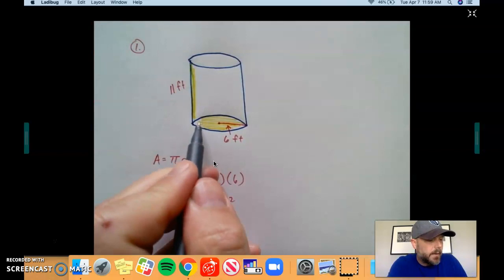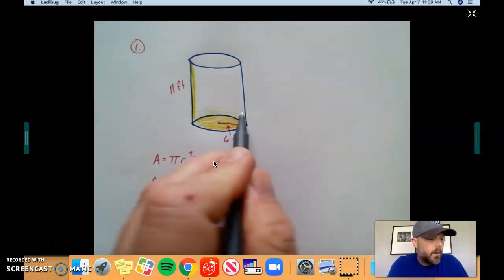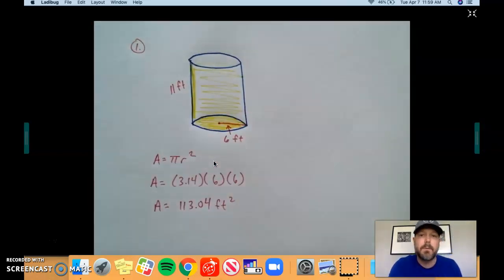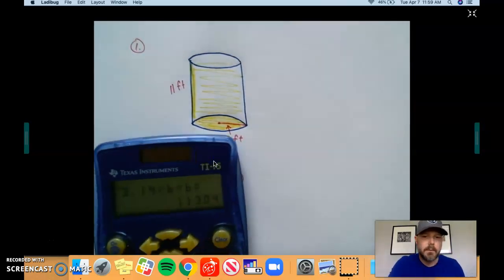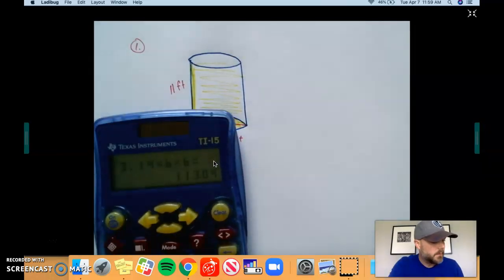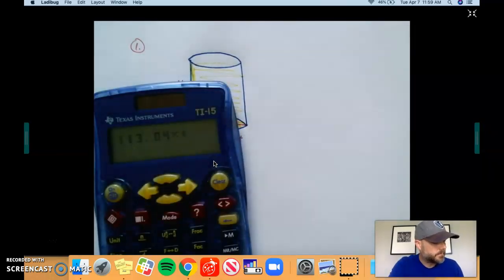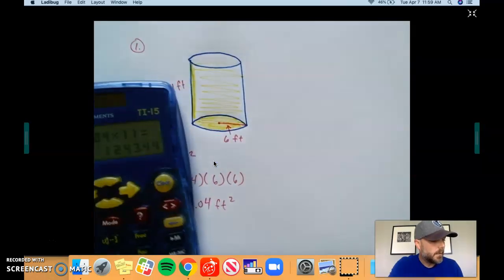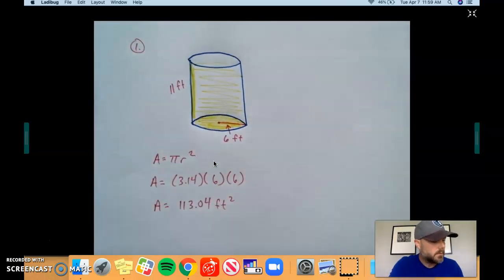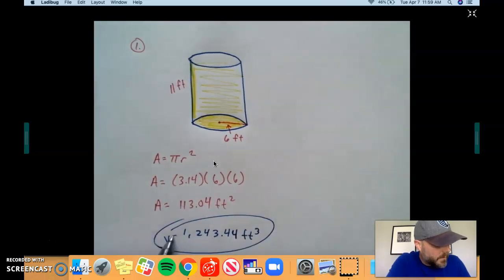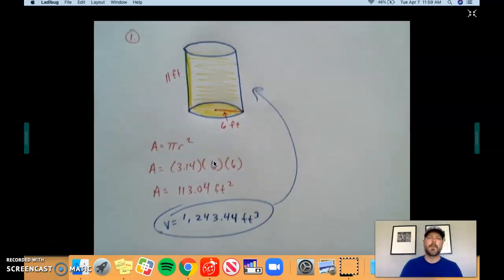So we're kind of figuring out how many of these circles we can fit all throughout this shape, and that gives us the volume, okay? So if I take that 113.04 times 11, I get 1,243.44, and that is feet cubed. This is my volume of this cylinder, okay?